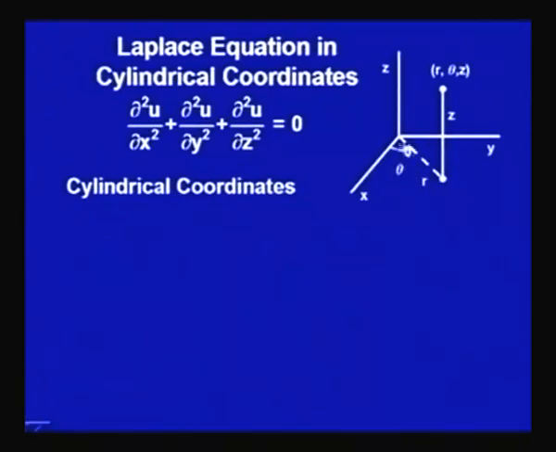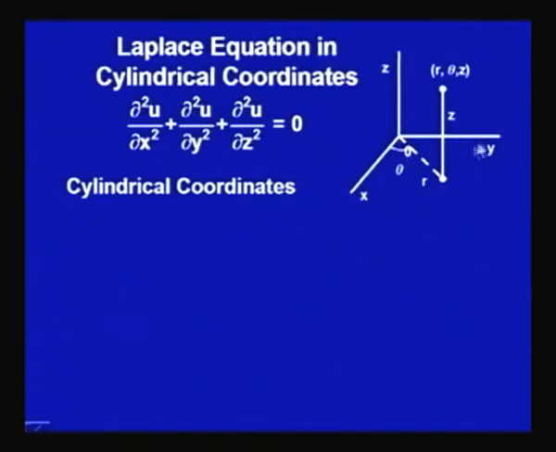So, in this 3 dimensional space, any point, as in Cartesian coordinates, we define as x, y, z. Now, I would represent this point with 3 coordinates, r, theta and z. z is the same thing, that is, the distance along the z axis of this point from the x, y plane.